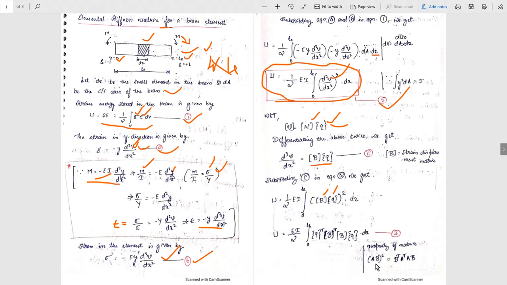If A and B are two matrices, when we take the square of the product, it will be written as B transpose A transpose into A B. Then only A into B whole square will be equal to this term. Applying this condition, this will be equal to q transpose B transpose B into q, and the remaining terms we write as they are. Let me call this equation 3.